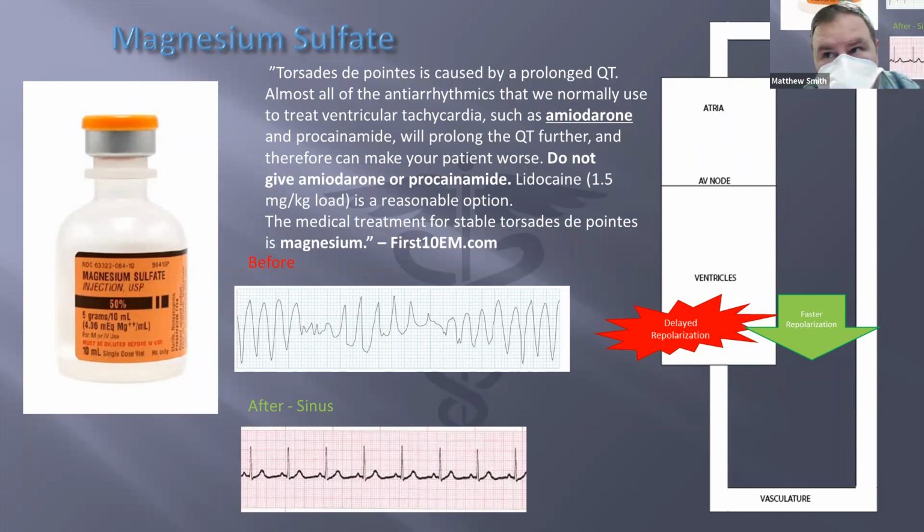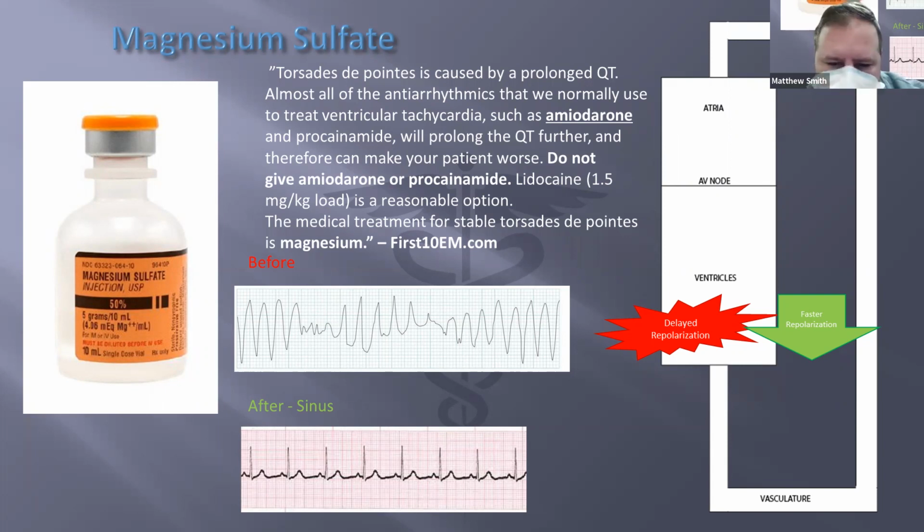Delayed repolarization shows up at baseline as a prolonged QT interval, which makes sense, right? Because the T wave is the ventricular repolarization, the Q wave is the depolarization. So if the QT is lengthened, what that's telling you is it's a longer time from depolarization to repolarization for your ventricles.